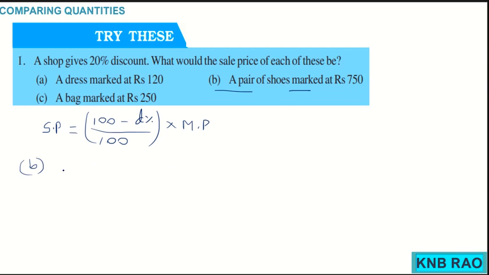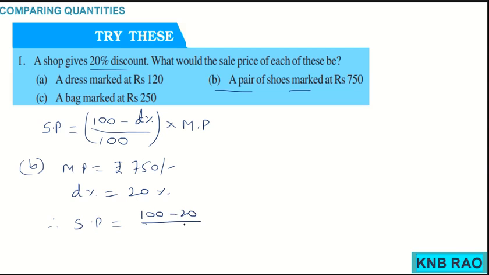Market price is rupees 750, discount percentage is 20, therefore SP equals 100 minus 20 by 100 into 750, that is 80 by 100 into 750.